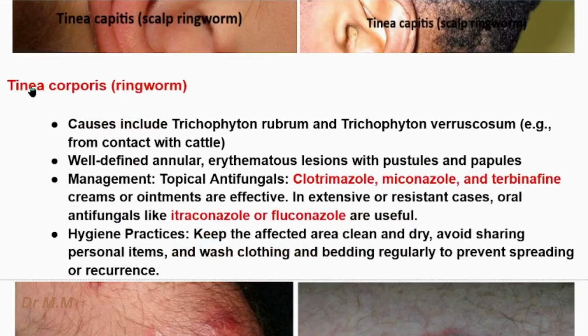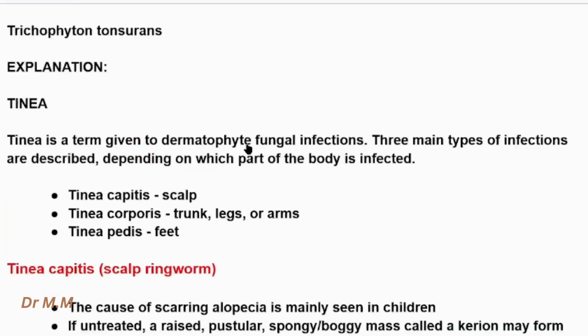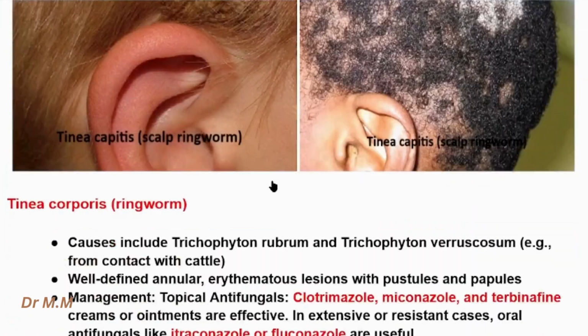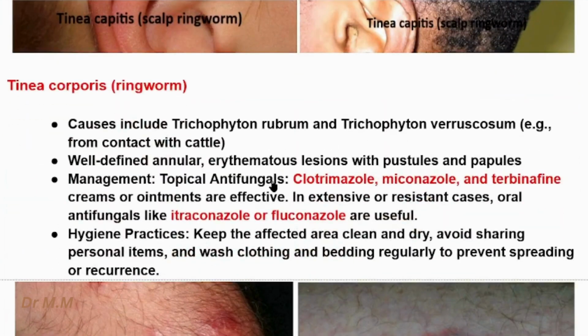Tinea Corporis or ringworm. Tinea Corporis is the fungal infection of the trunk, legs, and arms. Causes include Trichophyton rubrum and Trichophyton verrucosum, for example from contact with cattle.